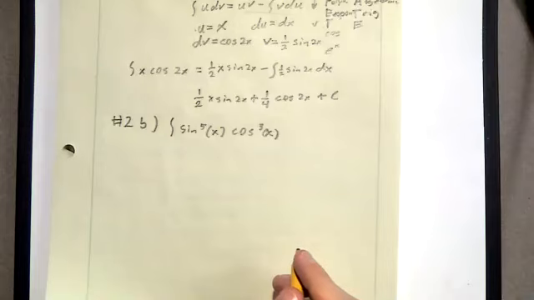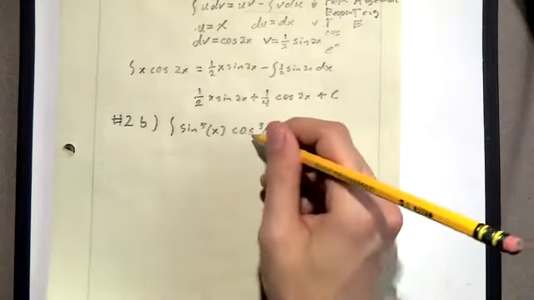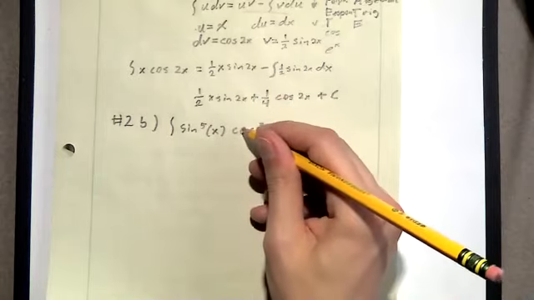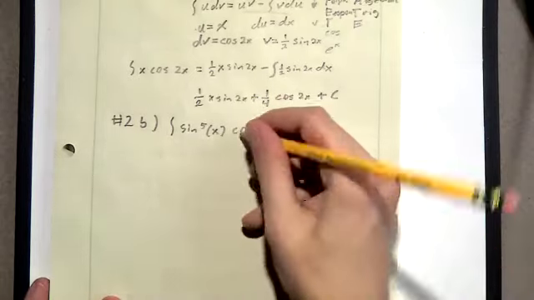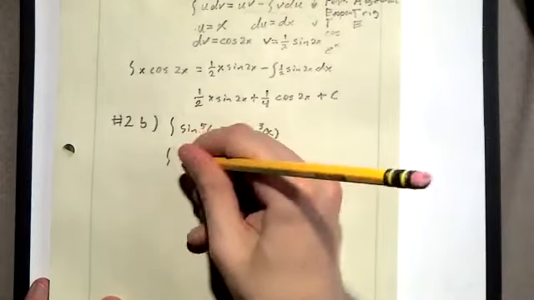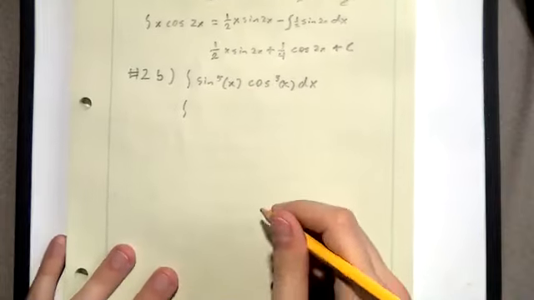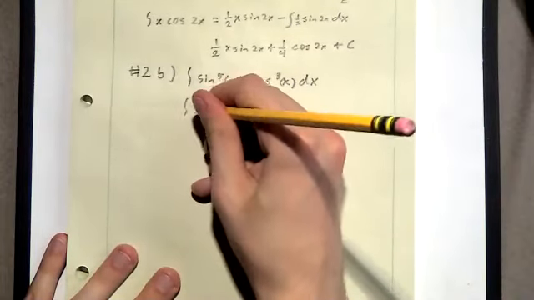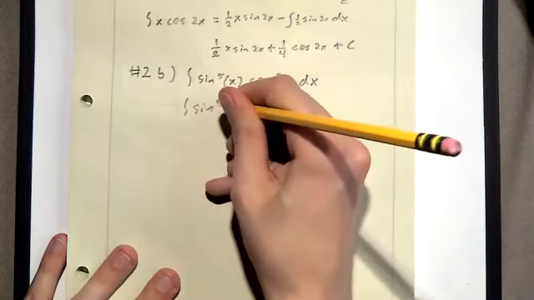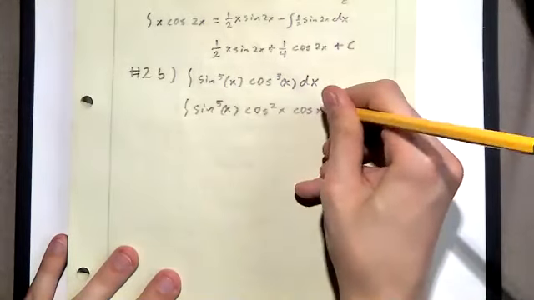Okay, so what we do is we say, okay, we have cosine cubed becomes, so we're going to do sine to the fifth x, cosine squared x, and then cosine x.